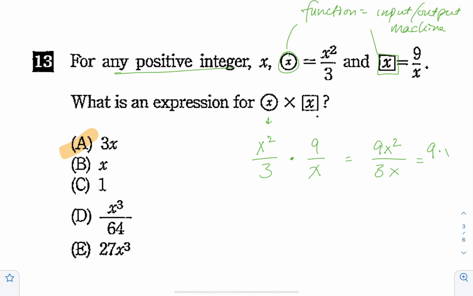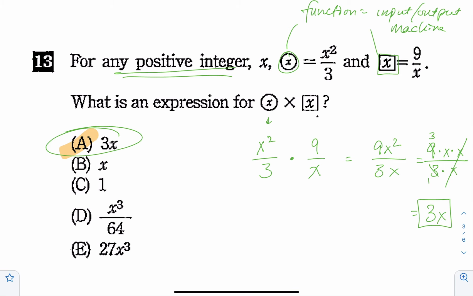It's really 9 times x in the numerator, and the denominator is 3 times x. So one of the x's will cancel out. It's just a positive number here. And then the 9 and 3 cancel to give 3 and 1. So what we have left over is just 3x. And that's choice A.